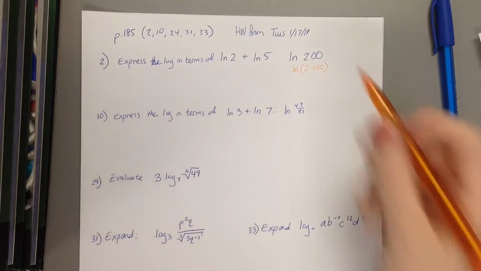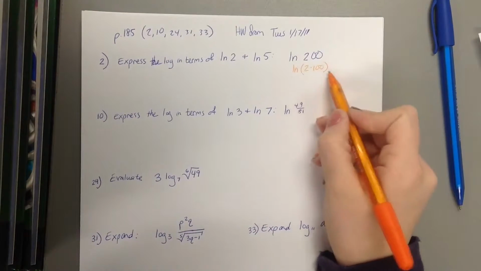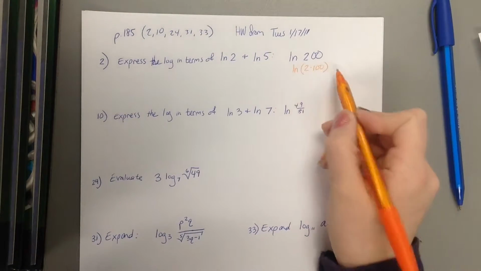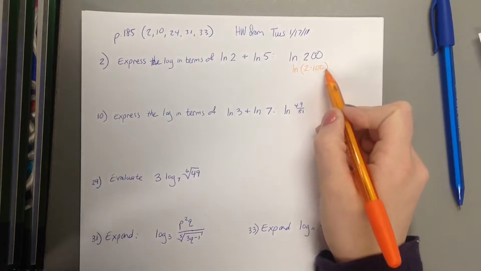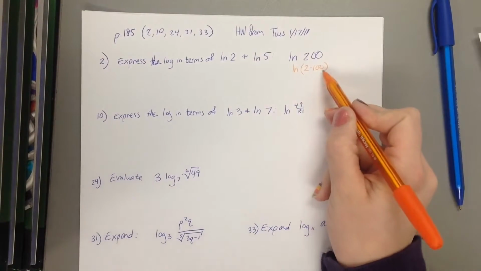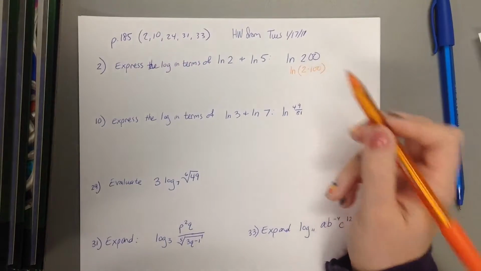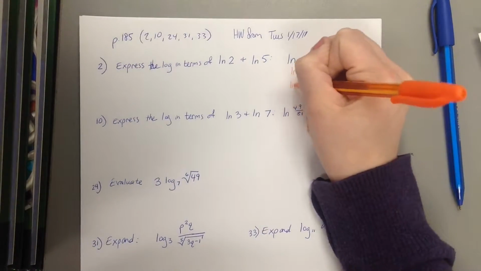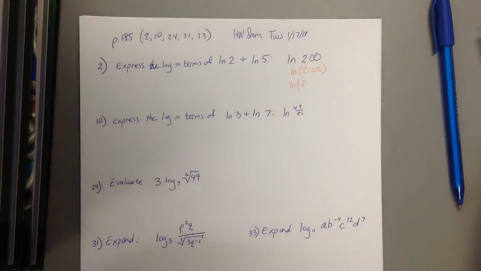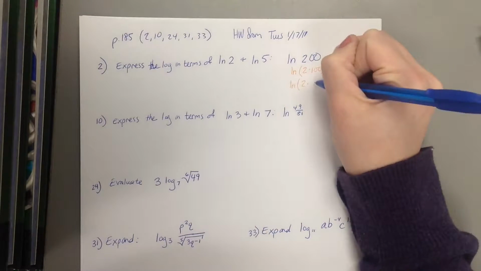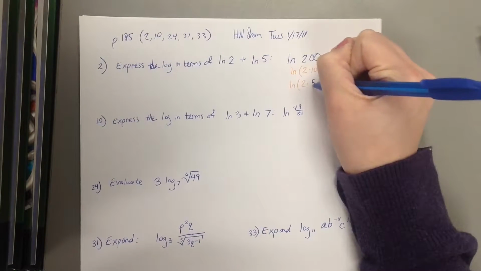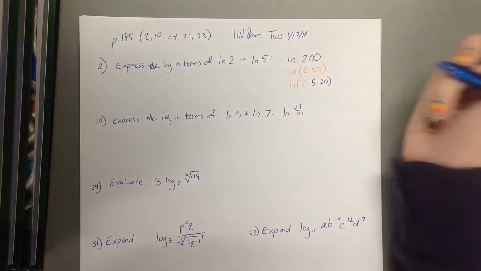Now, because it is multiplication, I can split this into logarithm addition. But I know that I can actually go farther than that, right? There's my ln of 2, but my ln of 100 still would need to be broken down more, so let's go farther. I know that 2 times 100 might be 5 times 20, for example.